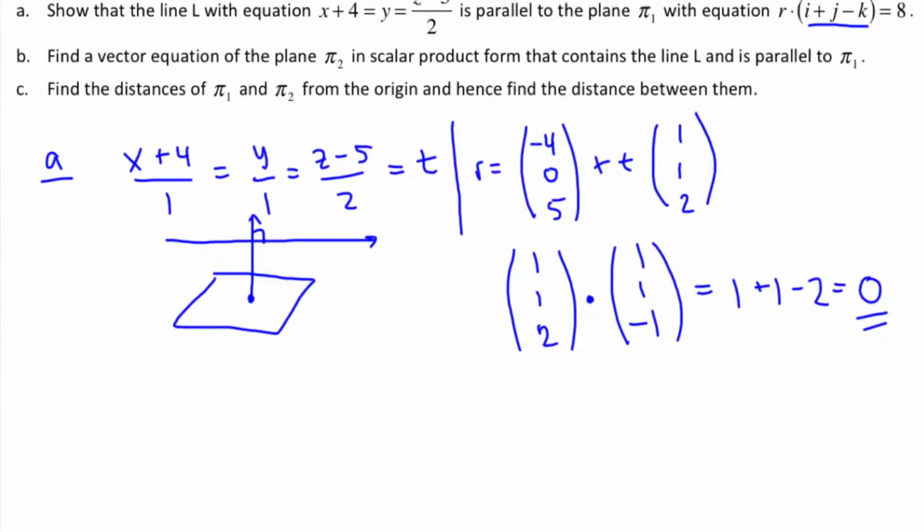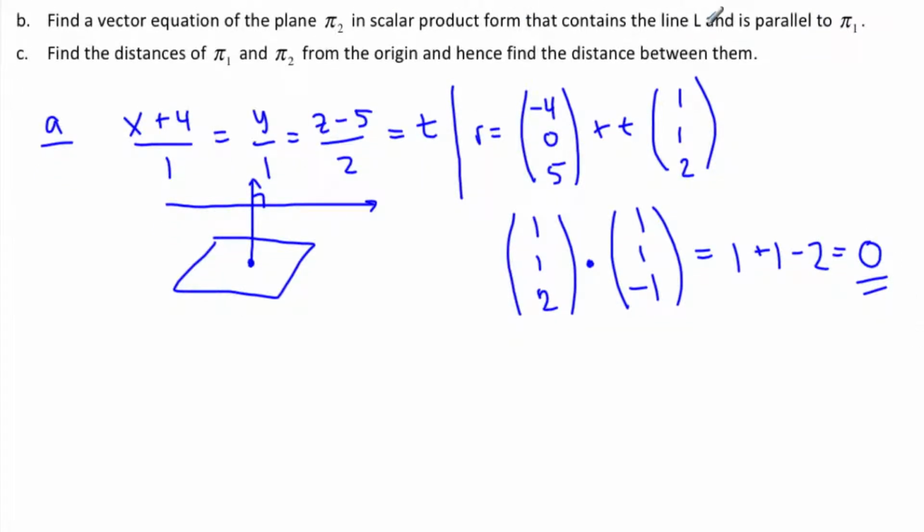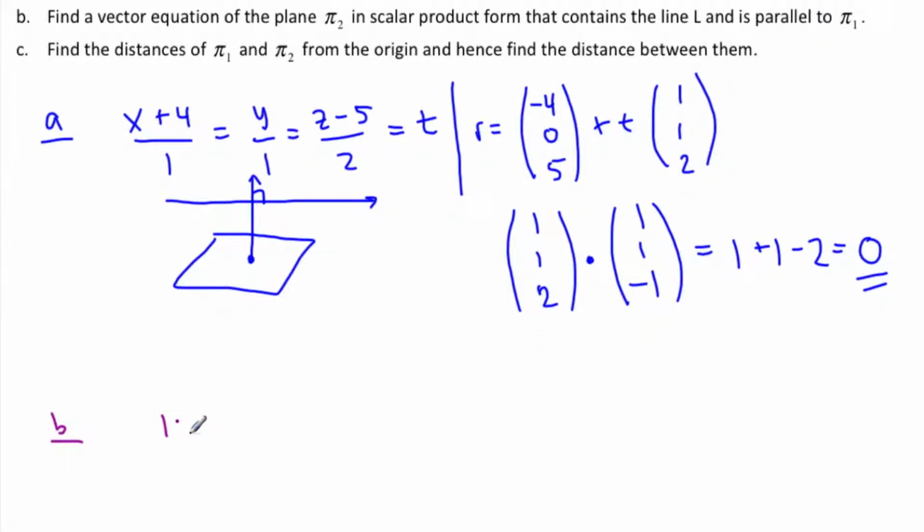Now it says to find a vector equation of the plane in scalar product form that contains the line and is parallel to the plane. If it needs to be parallel to the plane, it needs to have the same normal vector. So we need 1x plus 1y minus 1z equals d, and we need to find d.